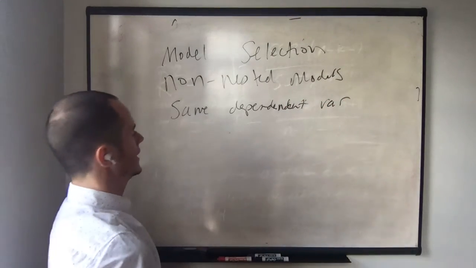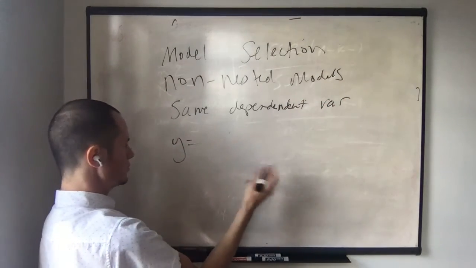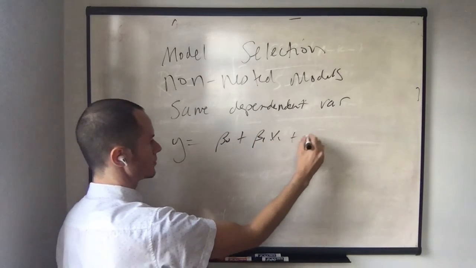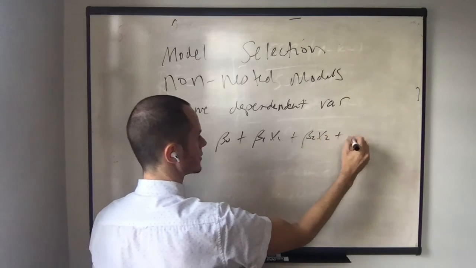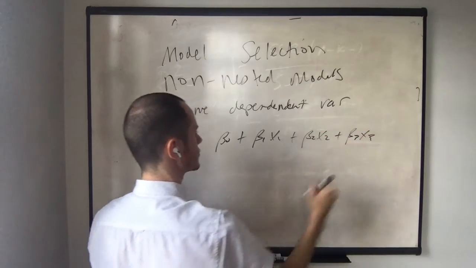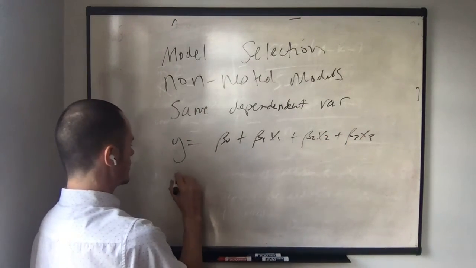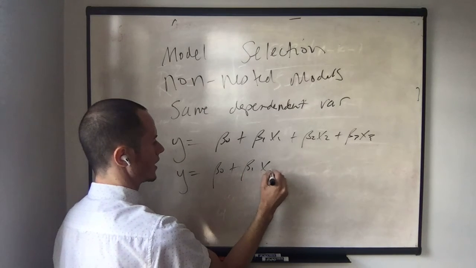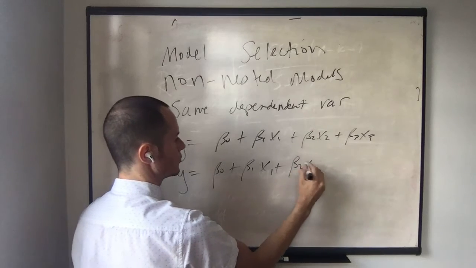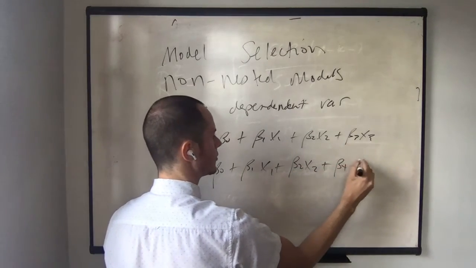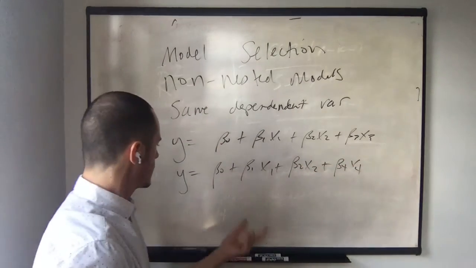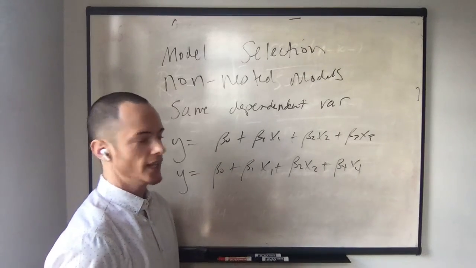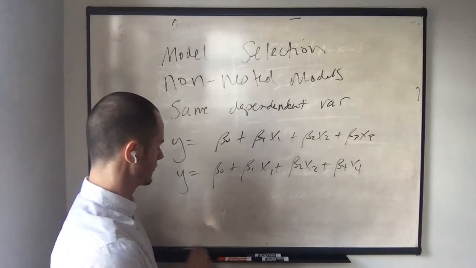So what do we mean by non-nested models? You may have y equals beta naught plus beta 1 x1 plus beta 2 x2 plus beta 3 x3. And for another model, you may have y equals beta naught plus beta 1 x1 plus beta 2 x2 plus beta 4 x4. So neither model is contained within the other model.